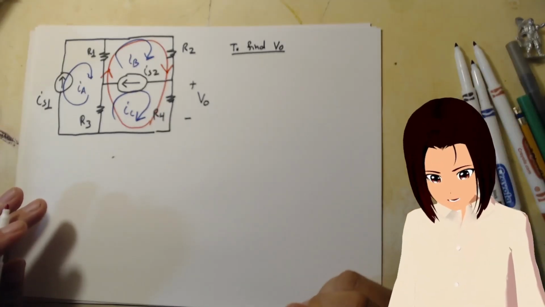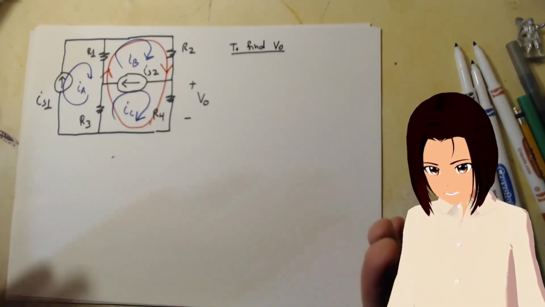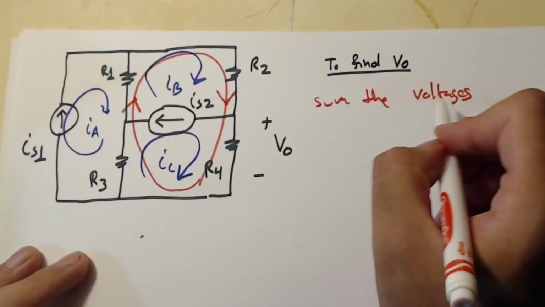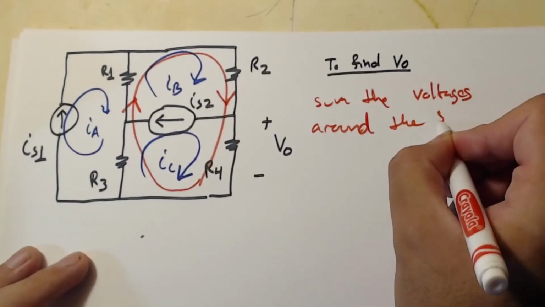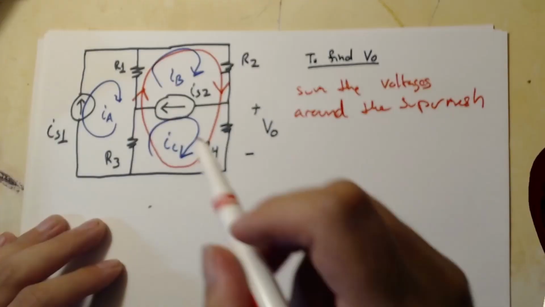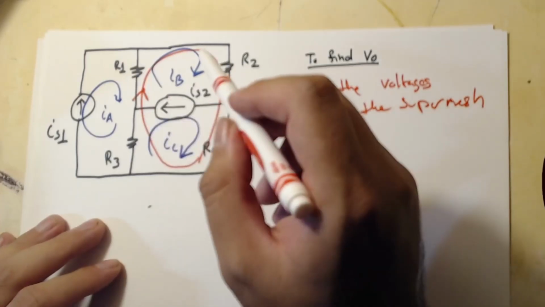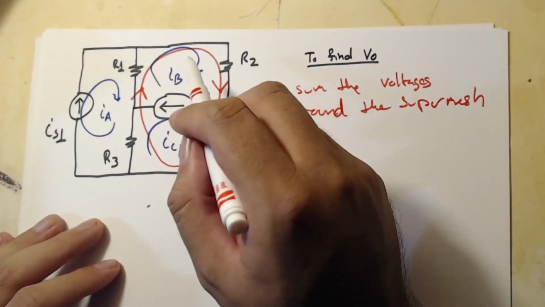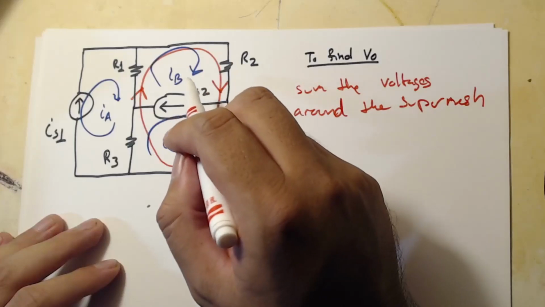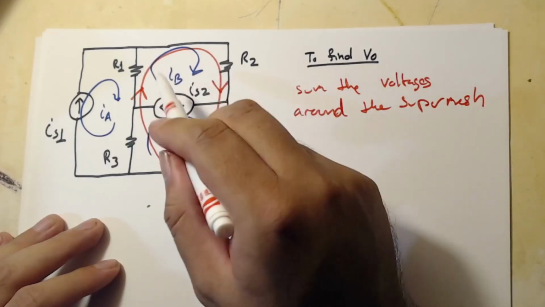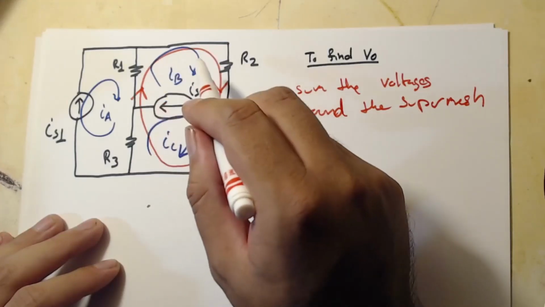To do the super mesh, we have to sum the voltages around the super mesh. As the loop goes, start with R1. This mesh right here, B, is the current we're working with in this part of the super mesh.